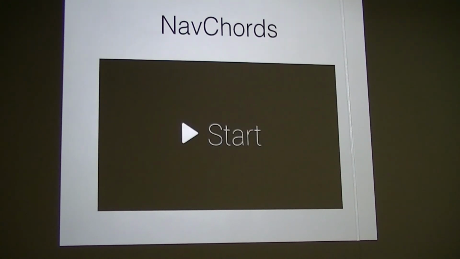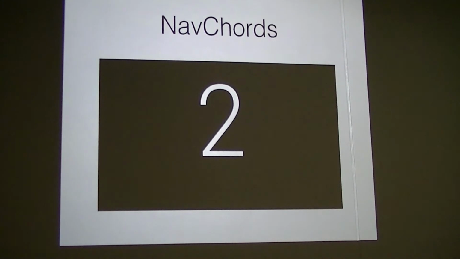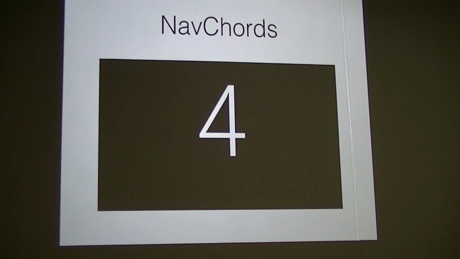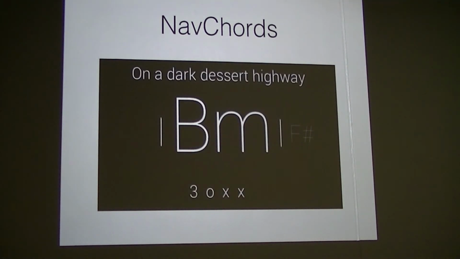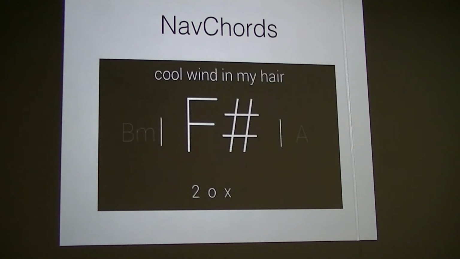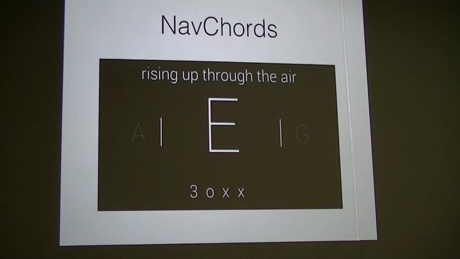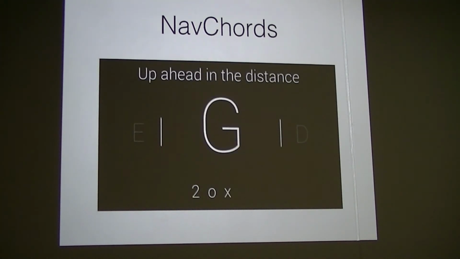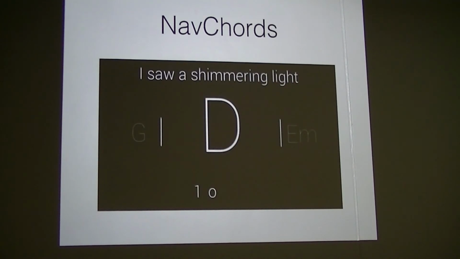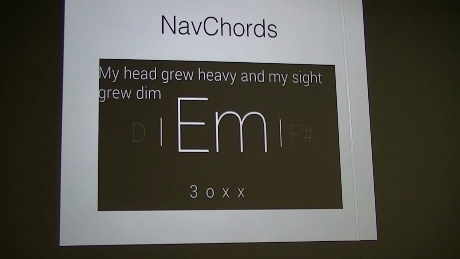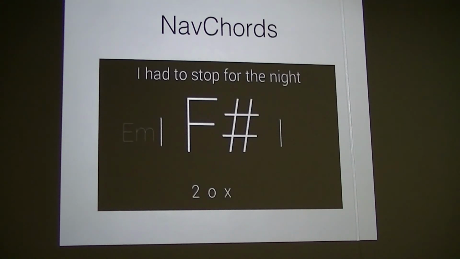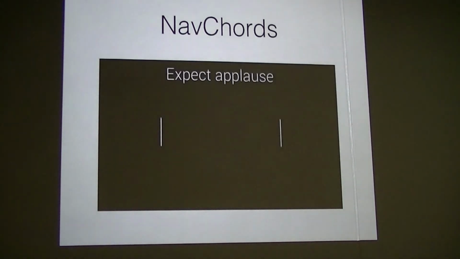Then when you say start, it will give you a countdown, a count in, and it will start playing the song. When I say playing, it just shows you the chords and the lyrics for the song, and it auto advances depending on the speed of the song, and goes to the end. And for your reference, a small metronome click will play in the speakers. So yeah, basically this is the app.